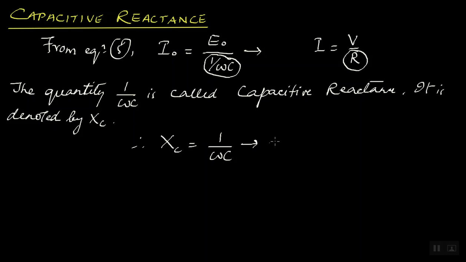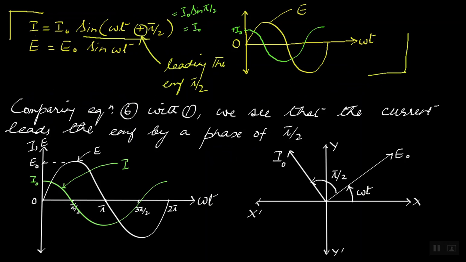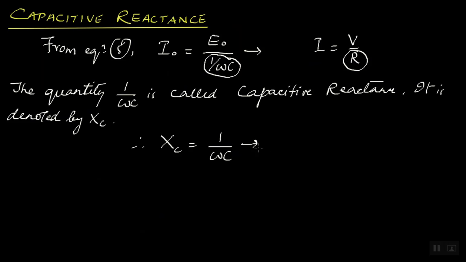Now what is the physical significance of this capacitive reactance? Just like resistance, called this equation 7, the capacitive reactance is the effective opposition or the effective resistance offered by the inductor to the flow of AC in the circuit.